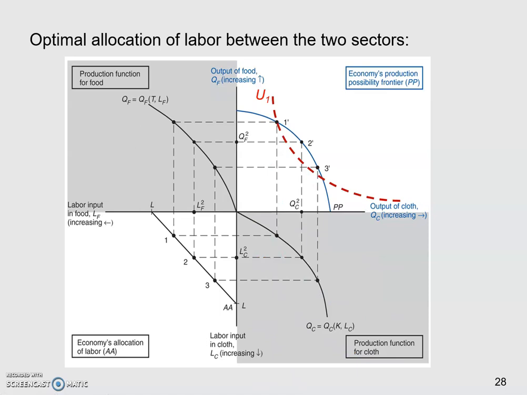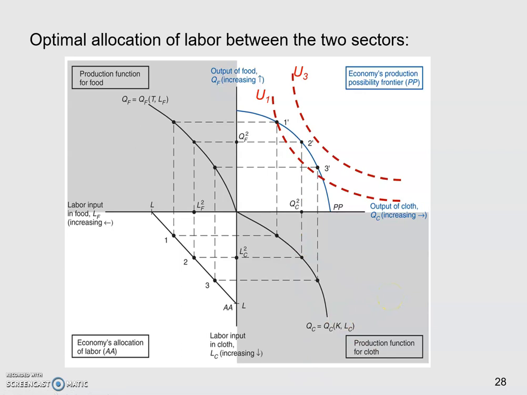As we said, suppose we know the indifference curves, and these indifference curves would help us find the optimal combination between food and cloth the economy needs, and then it can figure out how much labor should be employed in the food sector versus the cloth sector.